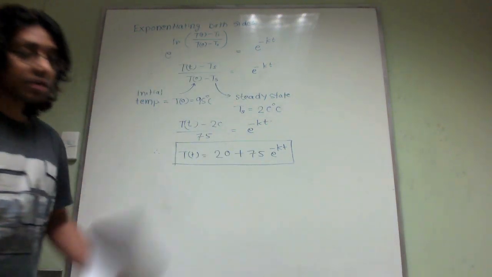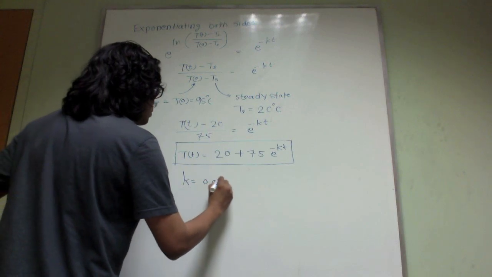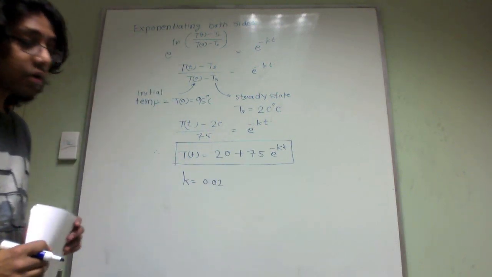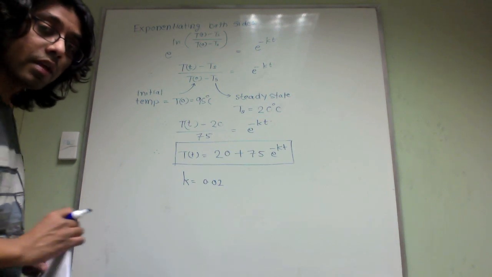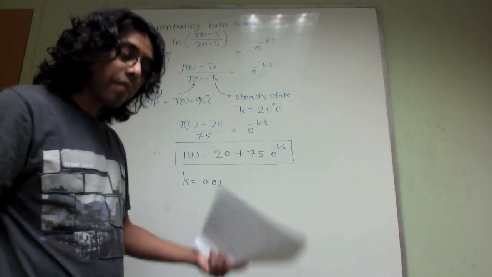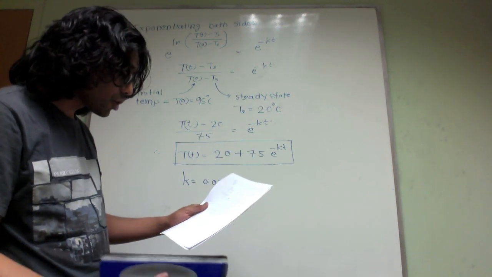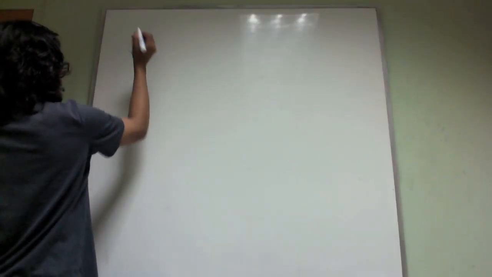It's also given that this little k here is 0.02, which we will use to find the exact average temperature of the coffee. So the second part of this problem, part B, is to find out the average temperature of the coffee during the first half hour.